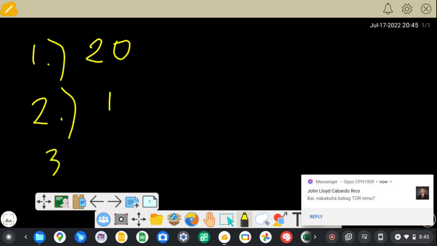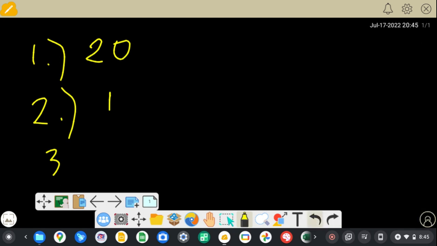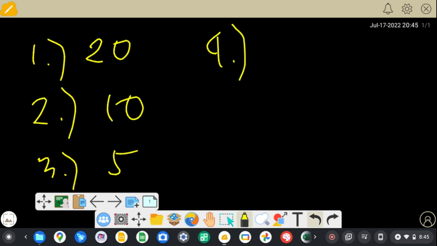Now identify these, if they are composite or prime. 4, we have 6, and 5 we have 7.